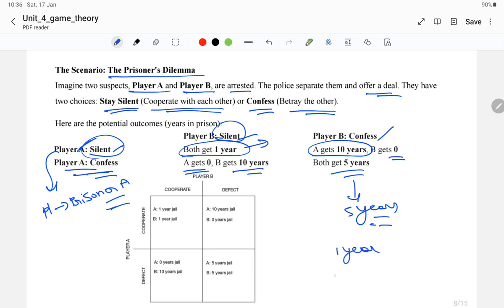If they deviate, one of them will get 10 years, that's the maximum. If both confess, both deceive, 5 years is still better than 10 years.